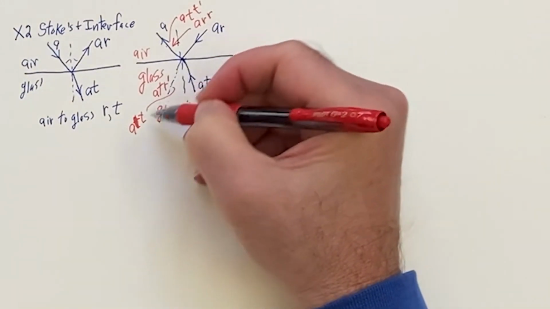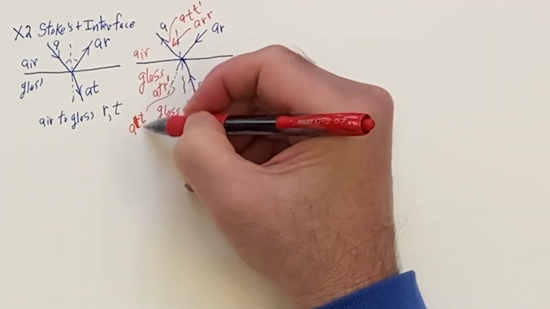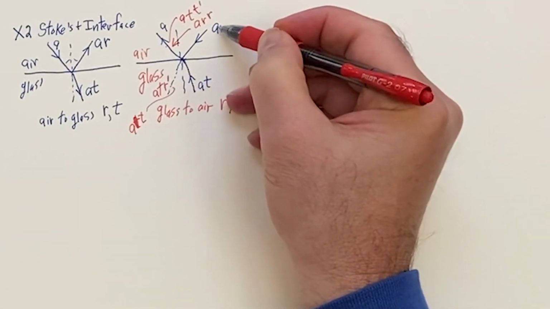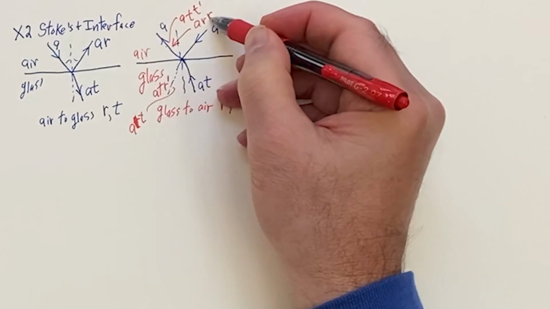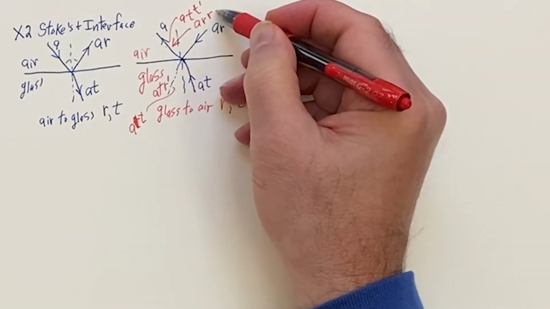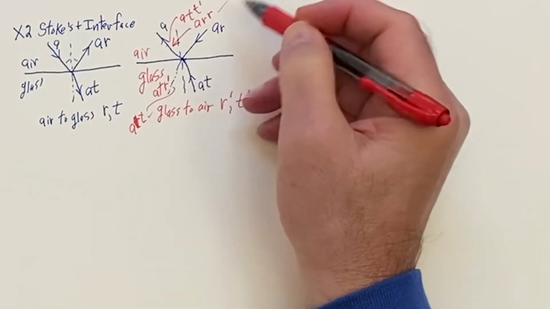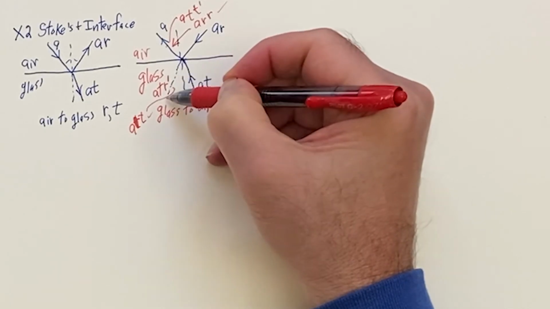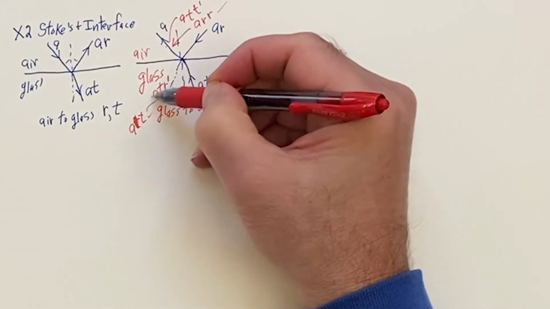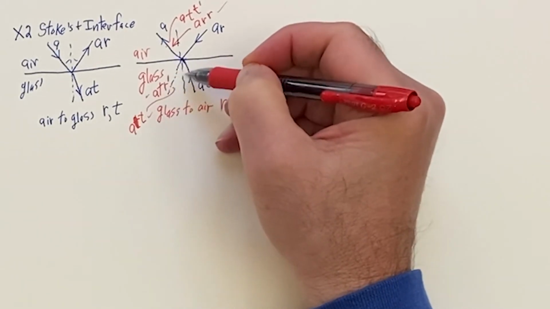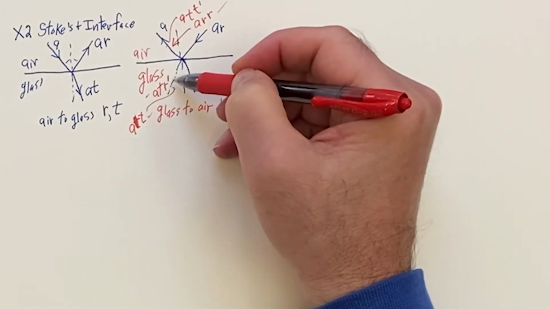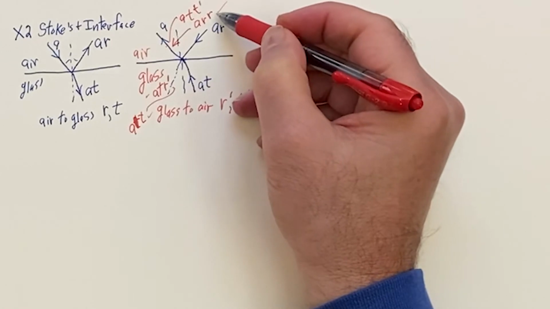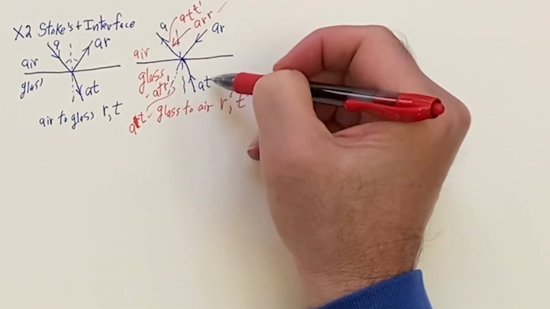You would just hit the AR with the T transmission. So AR with the T transmission, AR with the R for reflection. It takes care of this one. And then the AT bounces back, ATR prime, because you're reflecting now from the glass side.